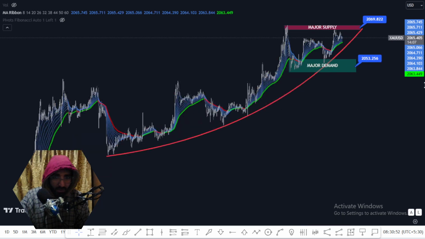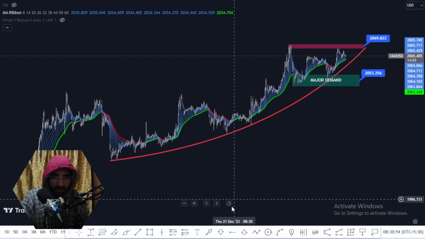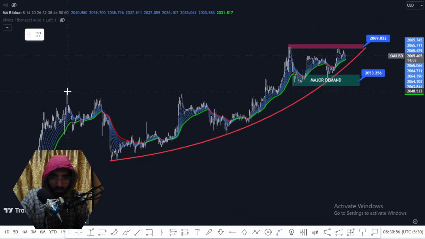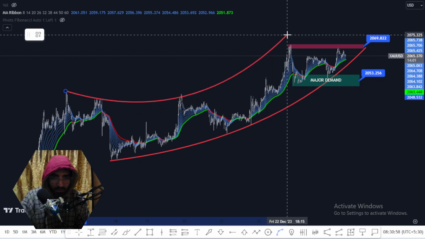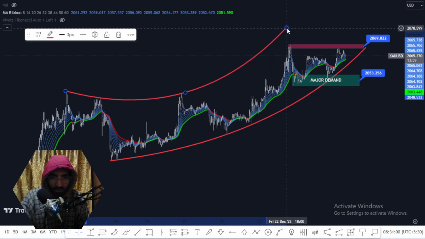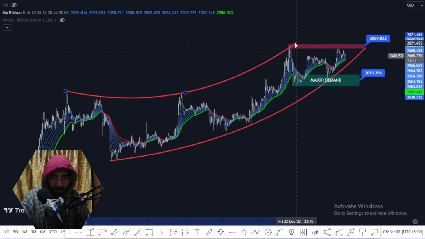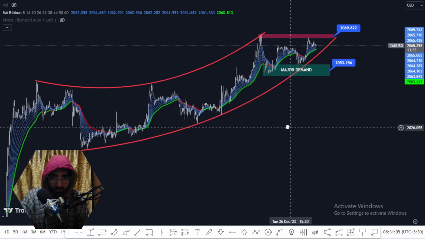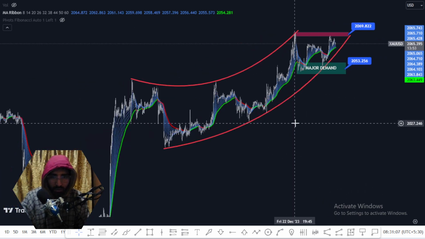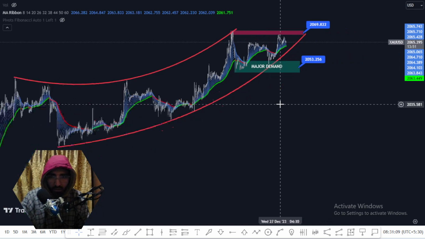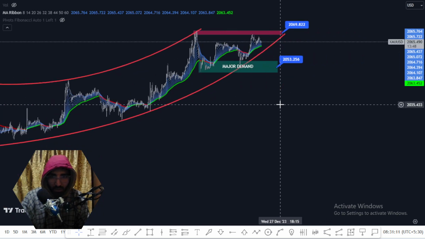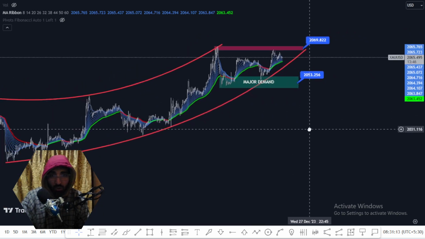I'm repeating again, it's continuously in uptrend. Market is continuously in uptrend. Now how can we look for the trades?